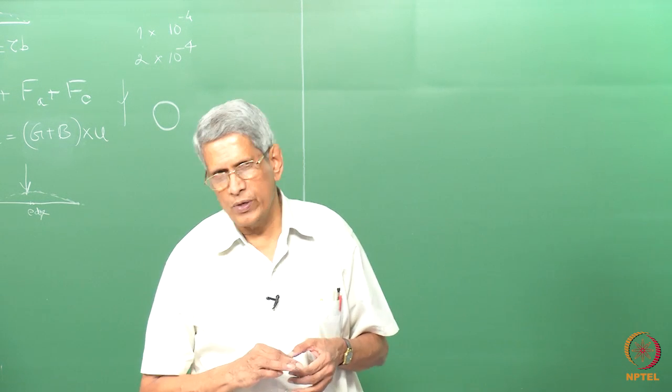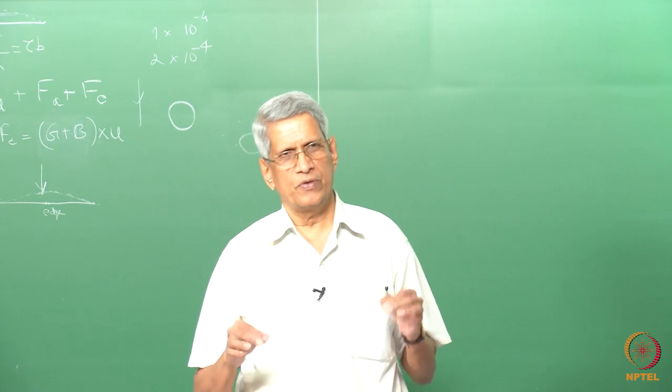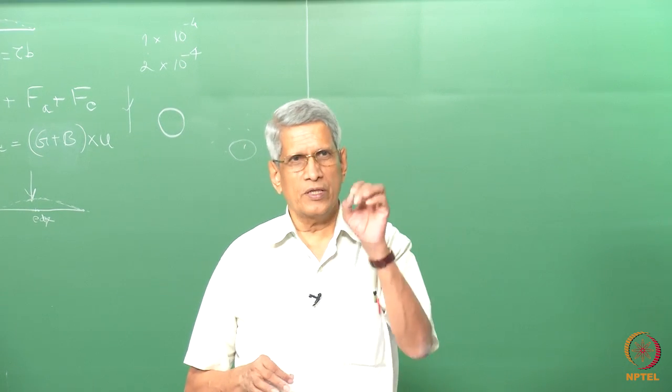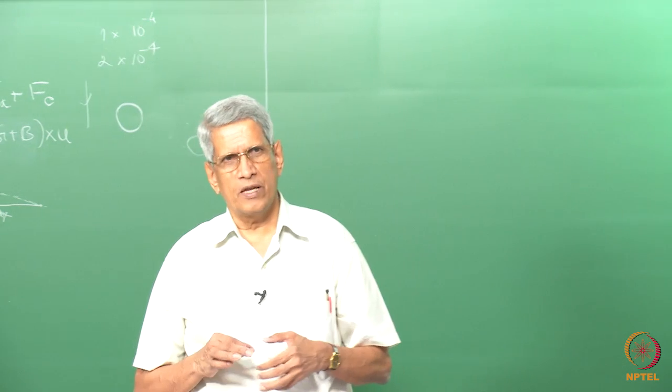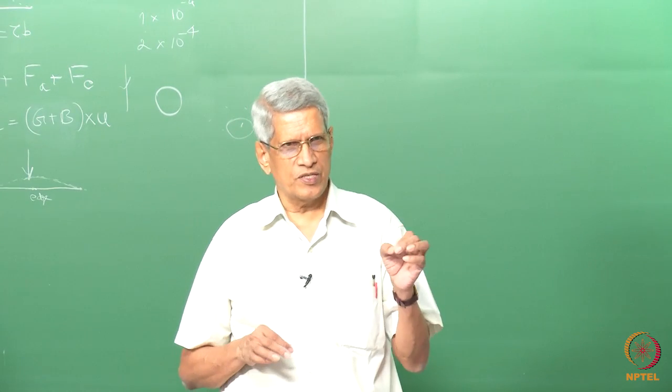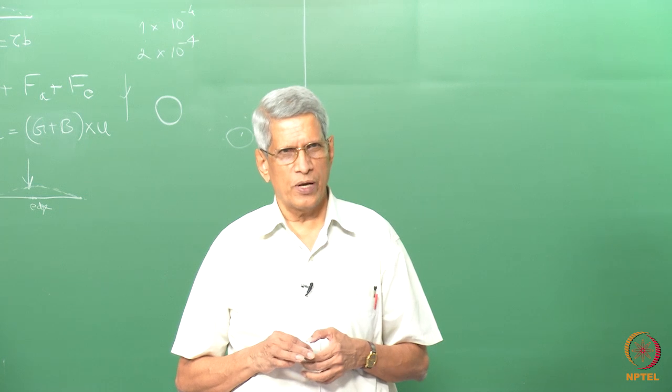The Peach-Koehler equation was derived. That's an elegant method with which, using that equation, we can immediately find the magnitude of the stress and the direction in which it is going to act.